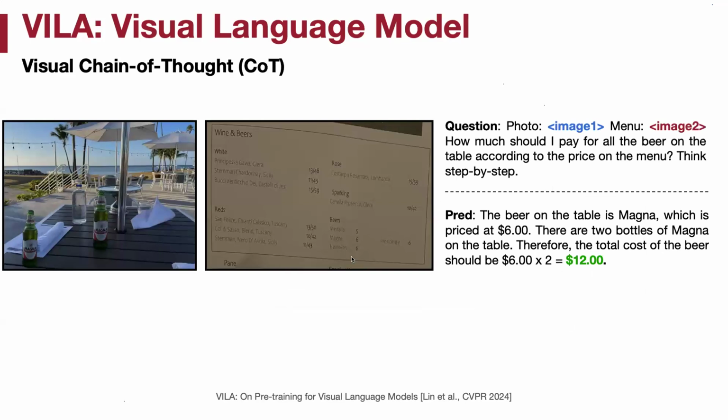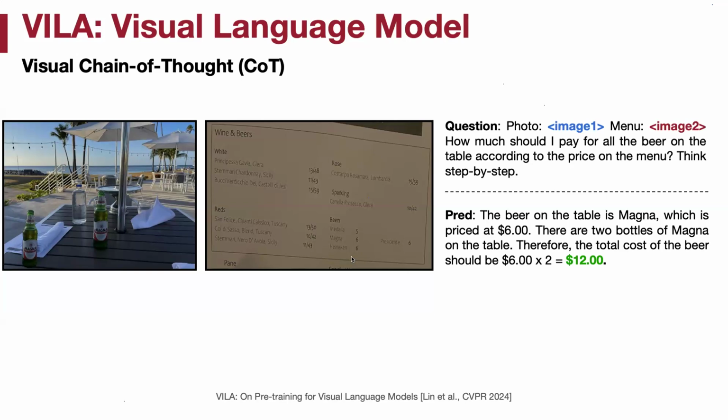Okay, now we have an interesting task where I can elaborate a little bit more. This is a multi-image task. You look at the image on the left, it's what a smartphone is capturing at a bar table. And the task is, given what you have on the table and the menu, how much shall I pay?